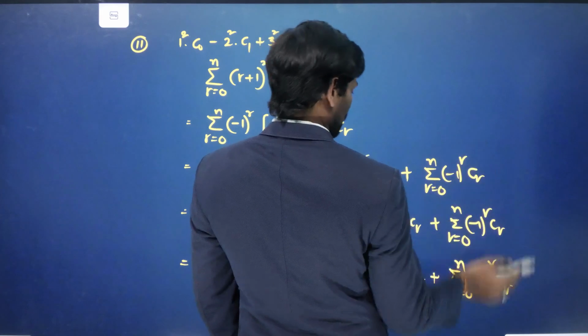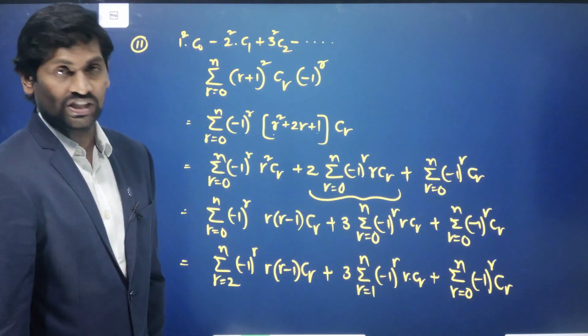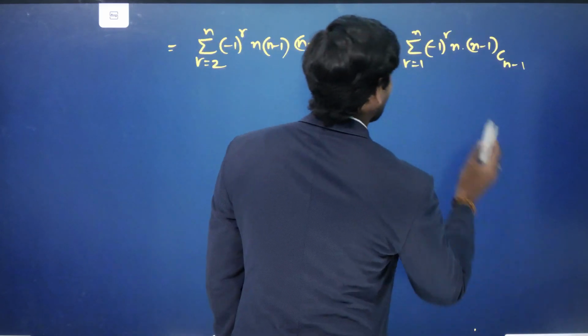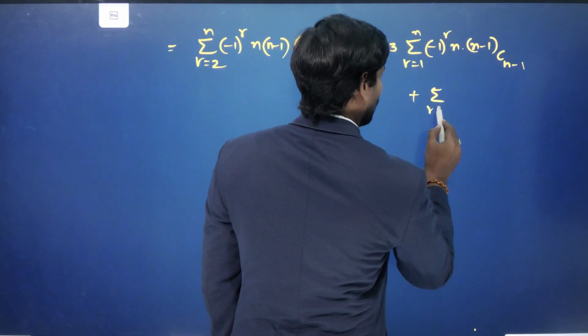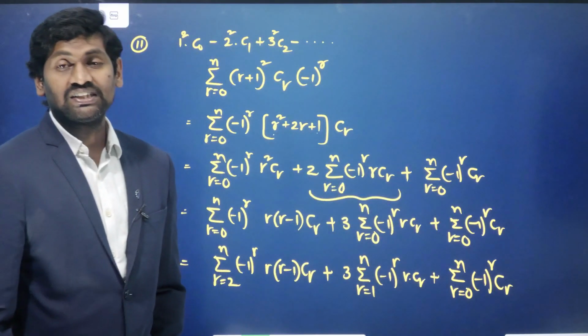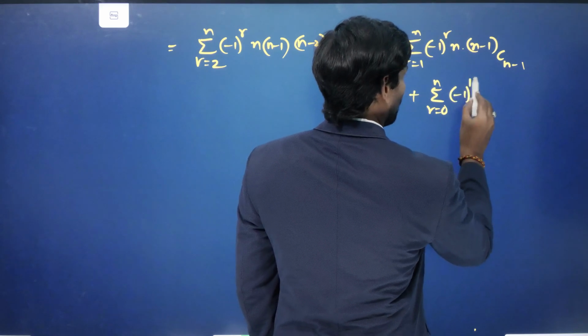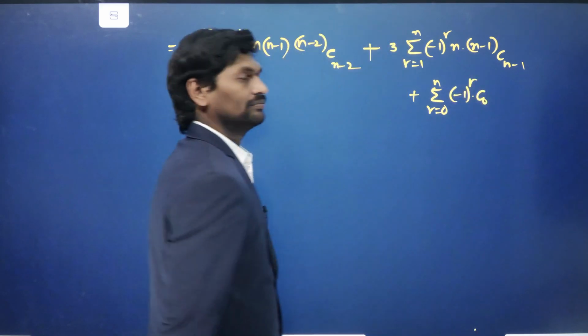And last one, plus sigma r equals to 0 to n, minus 1 power r into Cr. So it will be, we can write it C naught or nC naught minus 1 power r C naught.